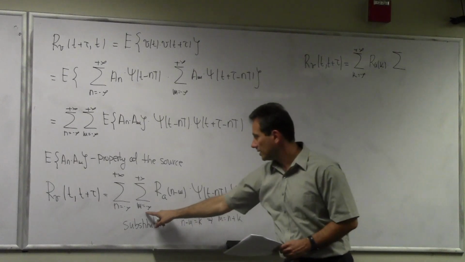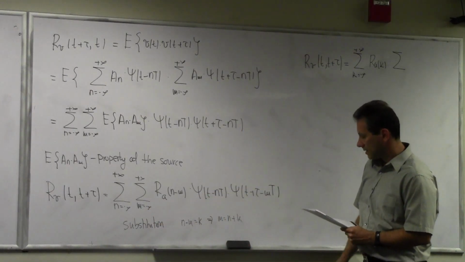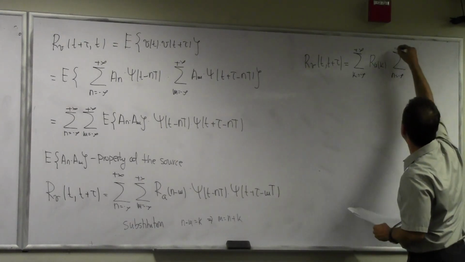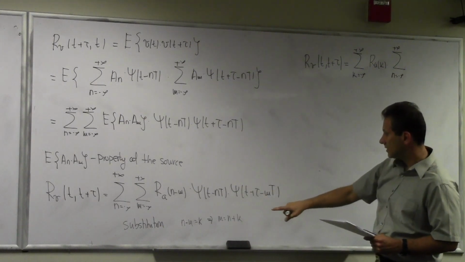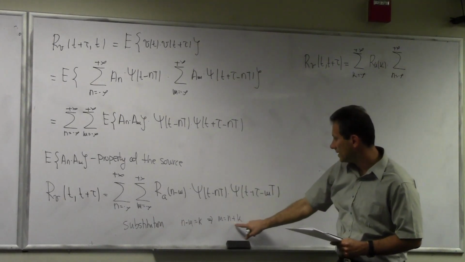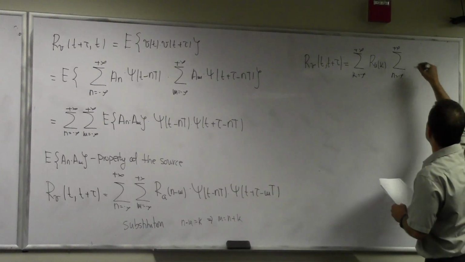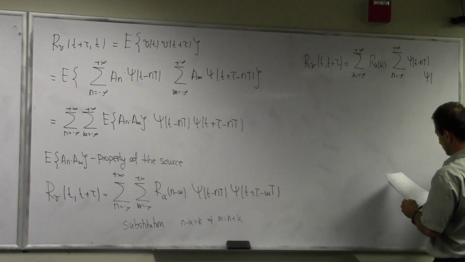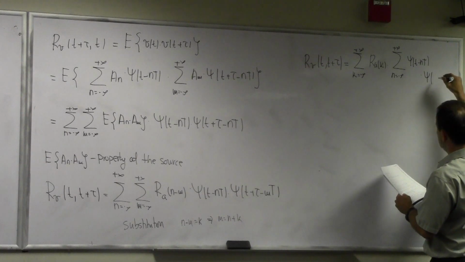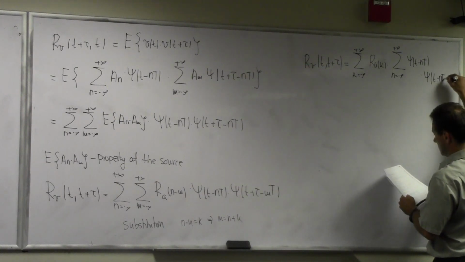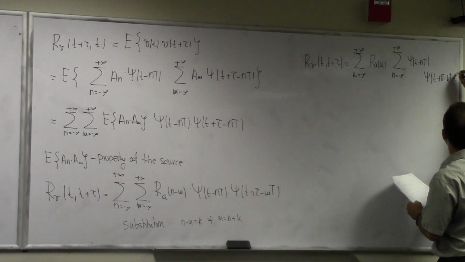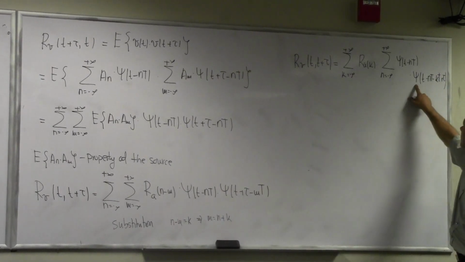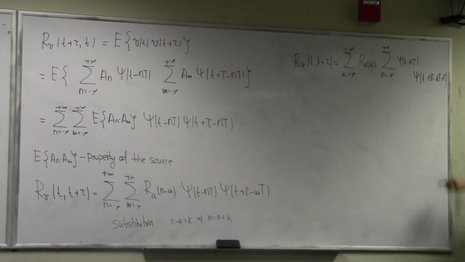Now this was with respect to n, so n goes from minus infinity to plus infinity. Now instead of m, here I can write n plus k. So this is psi of t minus nt, and then times psi of t minus nt minus kt plus tau. Right, because m is equal to n plus k. So instead of psi of t minus nt, I have n plus k.